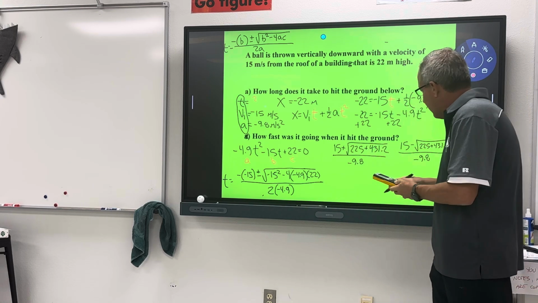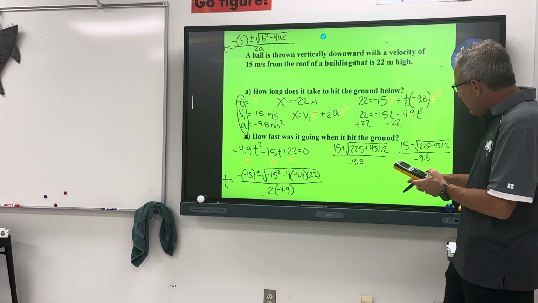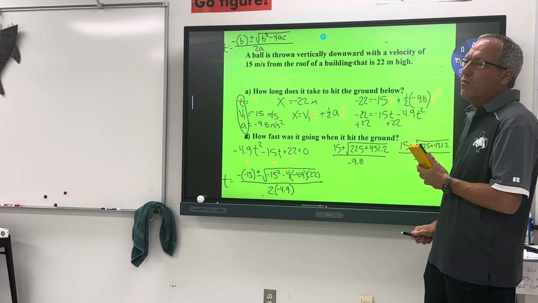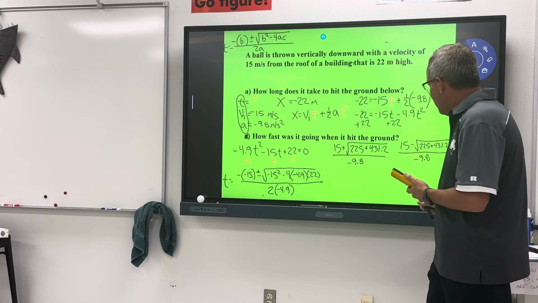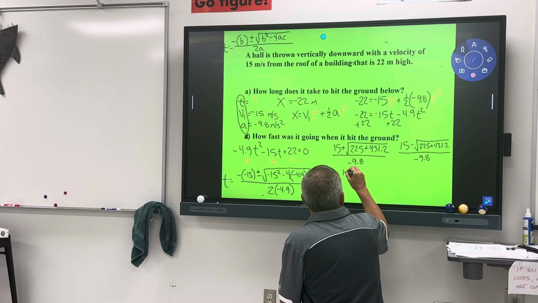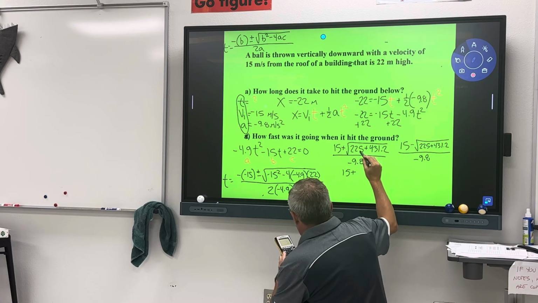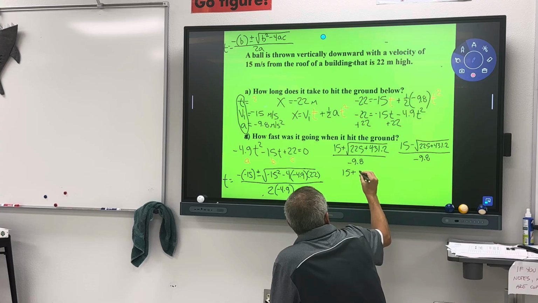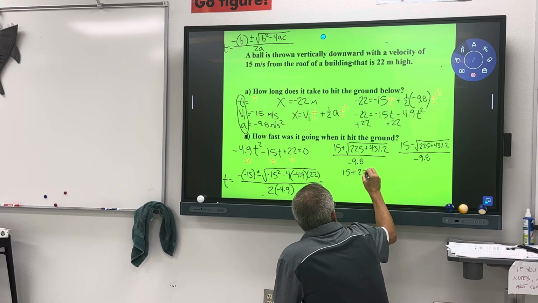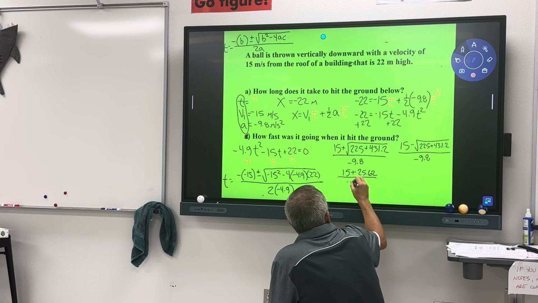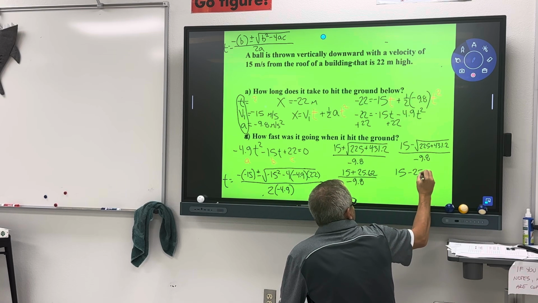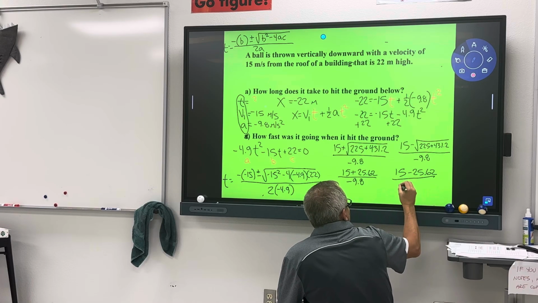I'm going to run this. These 2 added together get you 656.2, and oddly enough, you're seeing the same numbers we worked in the previous part, didn't you? So this is going to be 15 plus the square root of 656.2, and that's 25.62, which is the velocity, all over negative 9.8, and then 15 minus 25.62 all over negative 9.8.